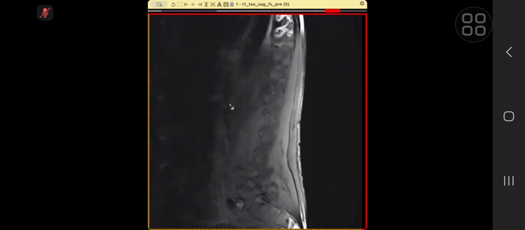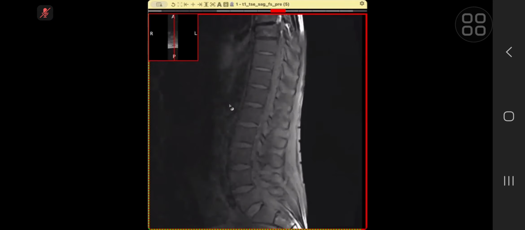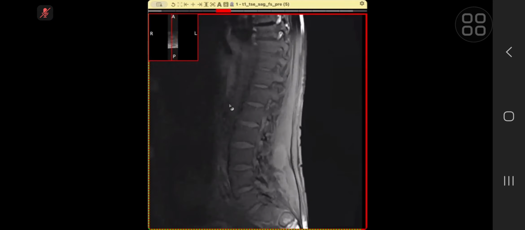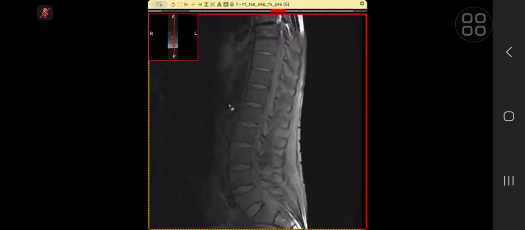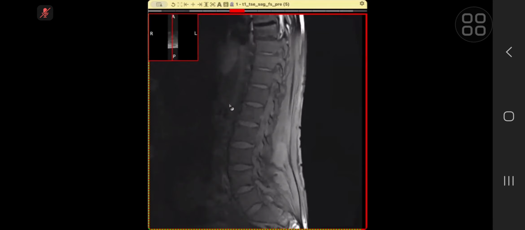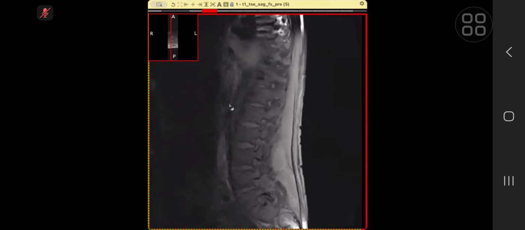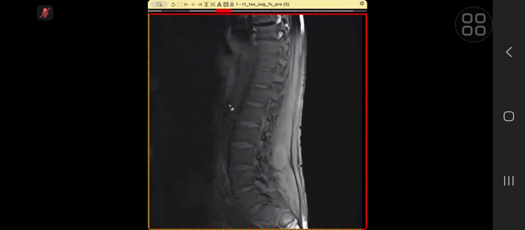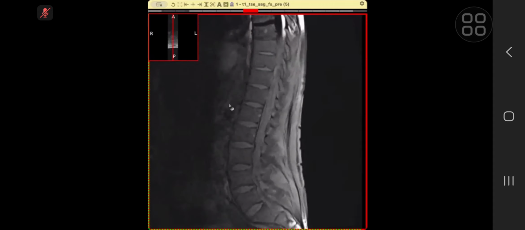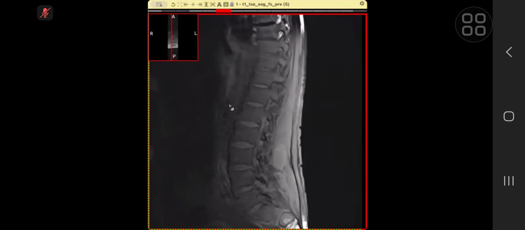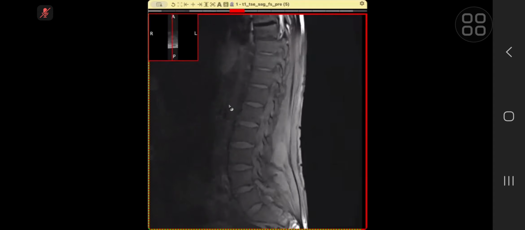I am scrolling it for you. I can see the enhancement noted in the posterior paraspinal muscle. Madam, this is pre contrast. Abnormal hyperintense area within the right paraspinal muscle. So you have picked up something here, right?